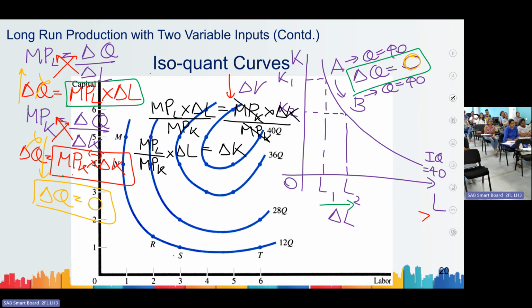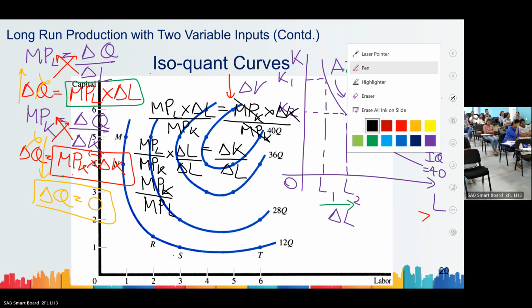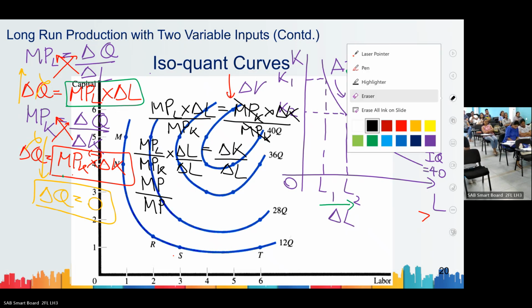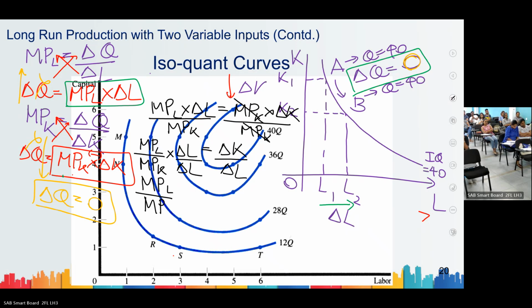We have to divide both sides by delta L. Then on the left hand side, we have MPL divided by MPK, equals delta K over delta L.